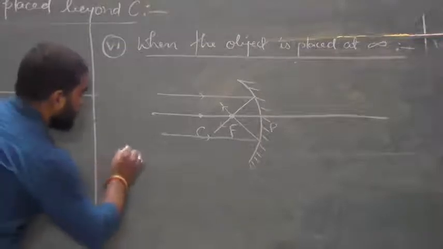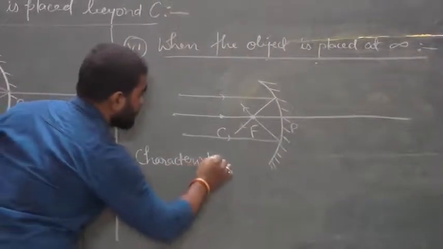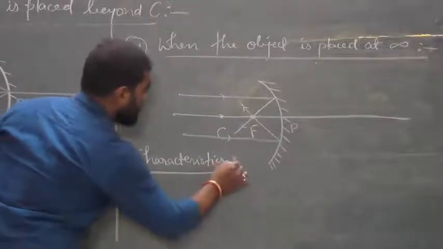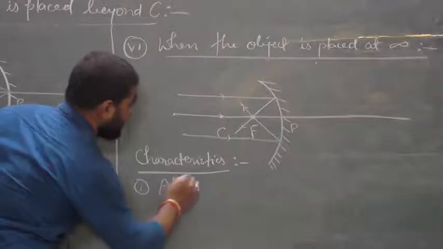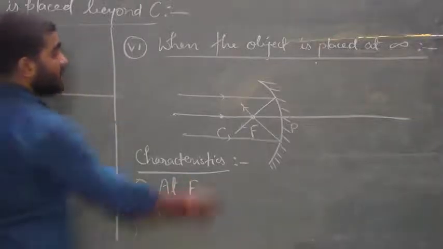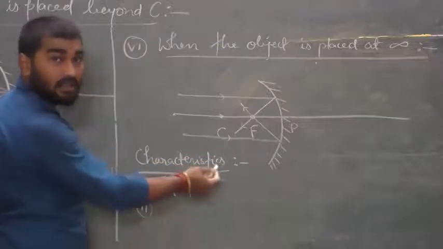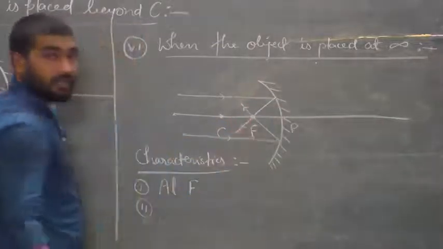So what will be the characteristics of the image? First characteristic is what? The image will be formed at F. What will be the second characteristic? What is the nature? It will be real, no? You can see here both reflected rays are cutting each other directly.